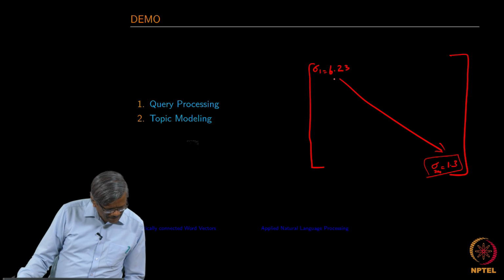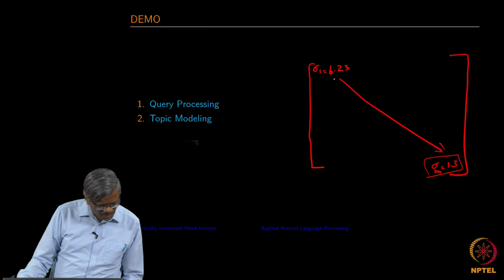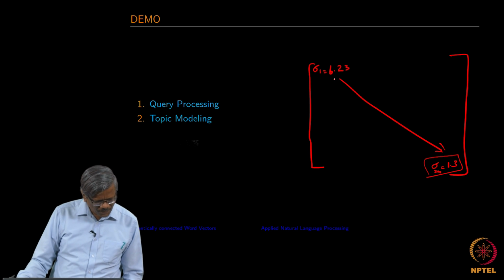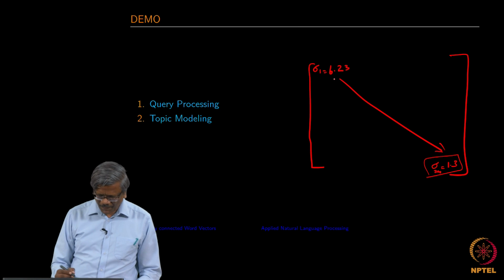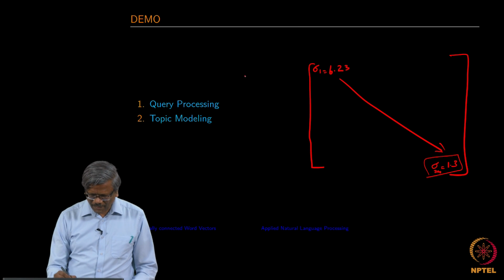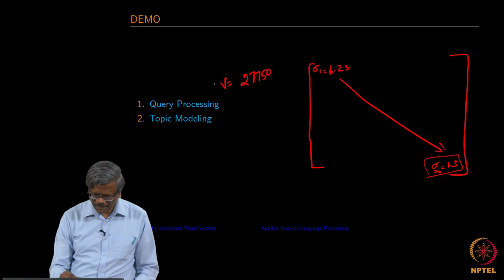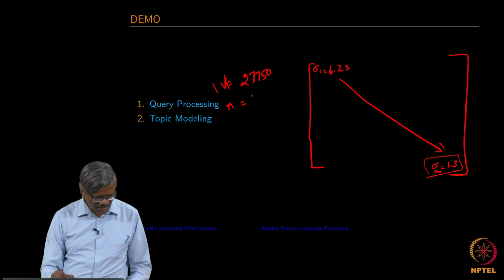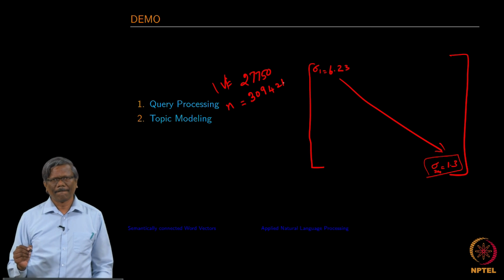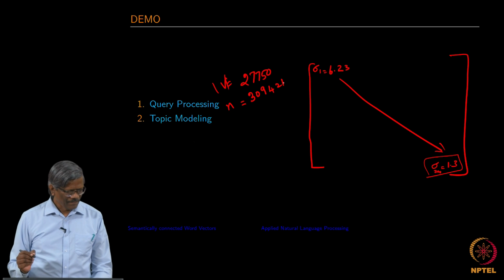Another parameter that I have noted is it contains 27,750 unique words, and if you look at the noun count, it is 309,421.